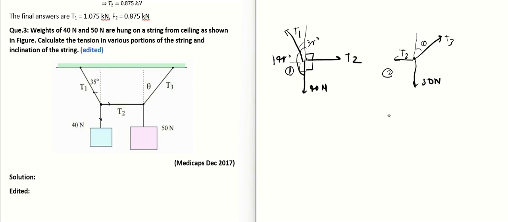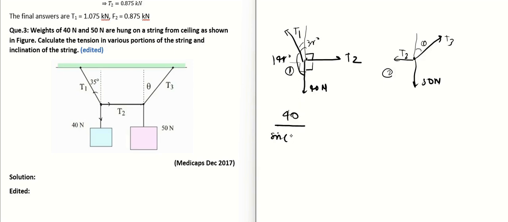And then let us apply Lami's theorem. We have 40. The statement of Lami's theorem states that the force is proportional to the sine of the angle between the other two forces, which is nothing but the angle between T1 and T2. So the force 40 will be proportional to the sine of the angle between the other two forces, which is T1 and T2.